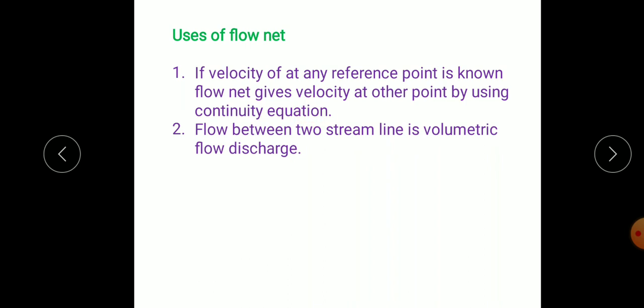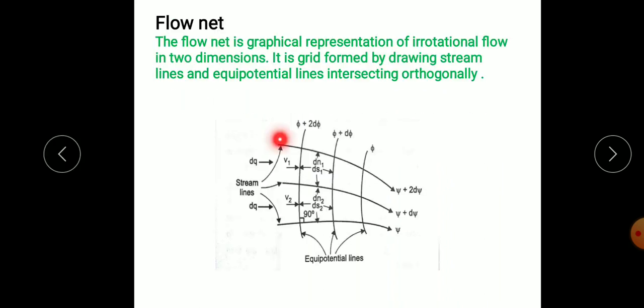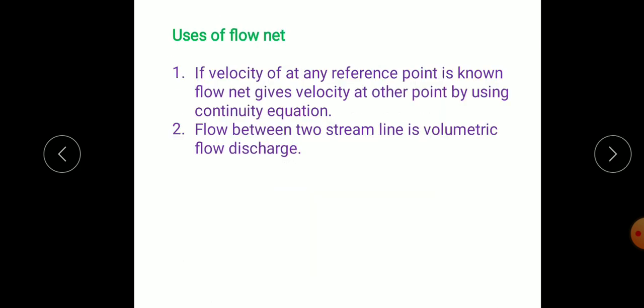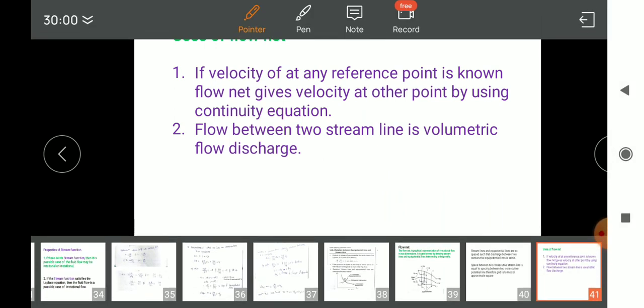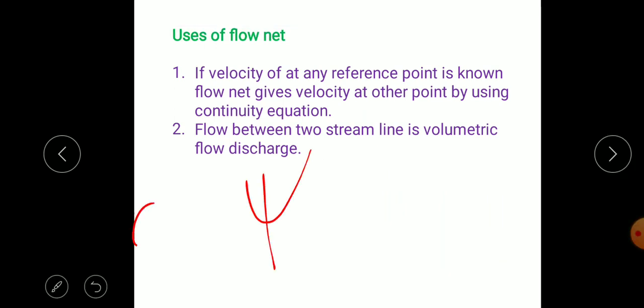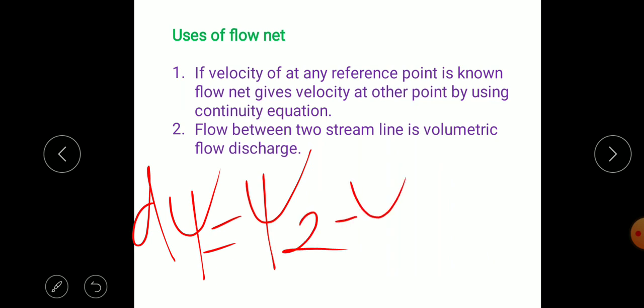The flow between two streamlines is the volumetric discharge. So we can find q as the difference of these two stream functions, psi 2 minus psi 1, which is d psi. The flow between these two stream functions is the volumetric discharge.